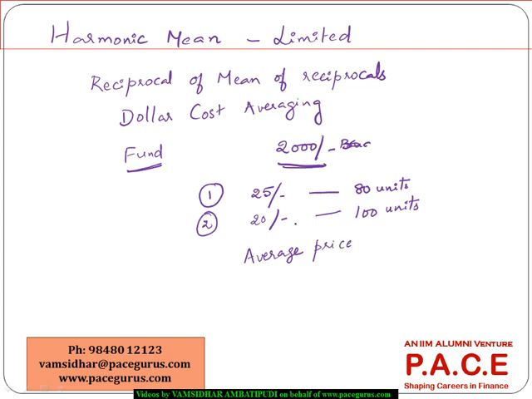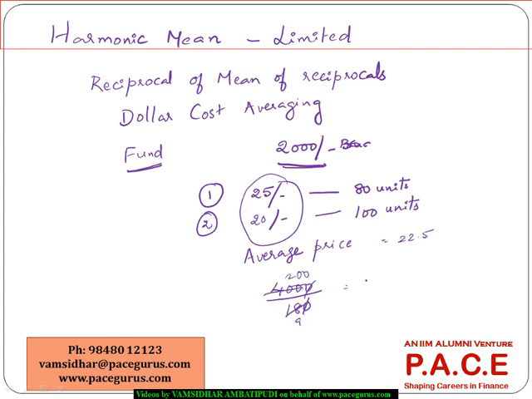I cannot take the average of these two and say the average price is 22.5, right? So it's as good as saying, okay, my total investment is 4,000, total number of units is 180, so my average value is probably somewhere around this.